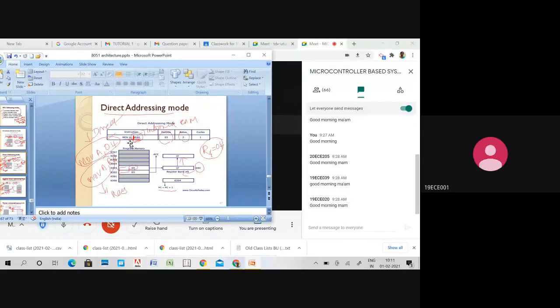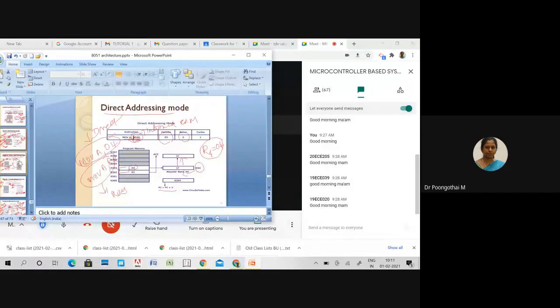The content of your address, that is, your 04 is considered as address. So the content of the address is transferred to the accumulator. Using this addressing mode, we can directly represent the address as an operand. That's why it's called direct addressing mode.